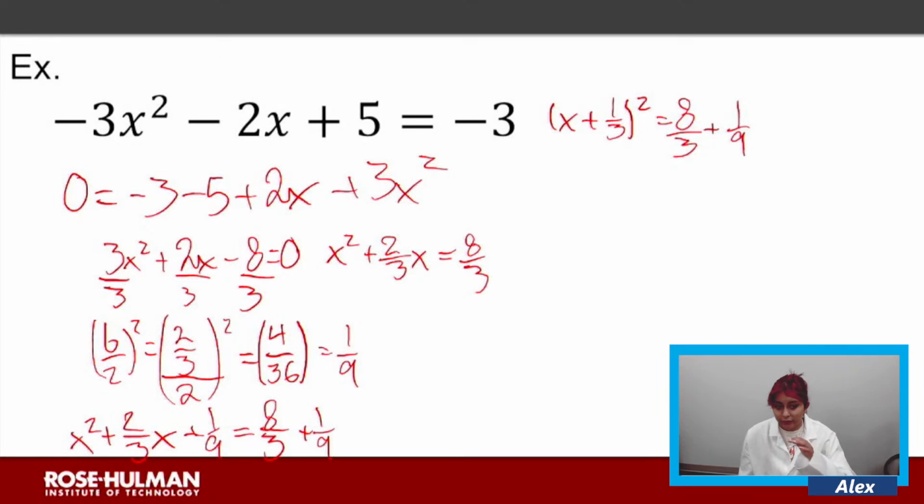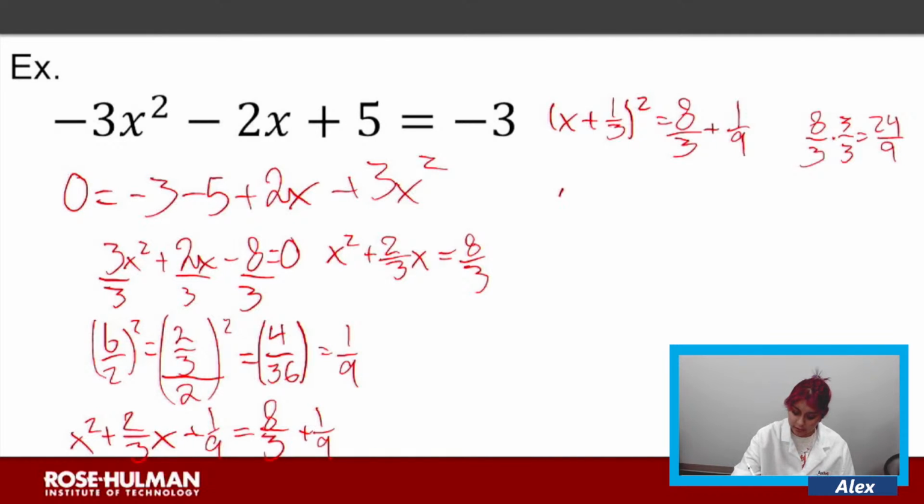Instead of the previous example where we had a fraction being added to a constant, now we have two unlike fractions being added. But we can make these have common denominators by multiplying 8/3 by 3/3 to give us 24/9 to have a common denominator as 1/9. Add those together, we get 25/9 for a final equation of x plus 1/3 quantity squared minus 25/9 equals 0.